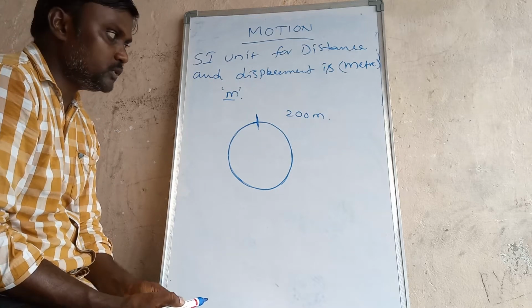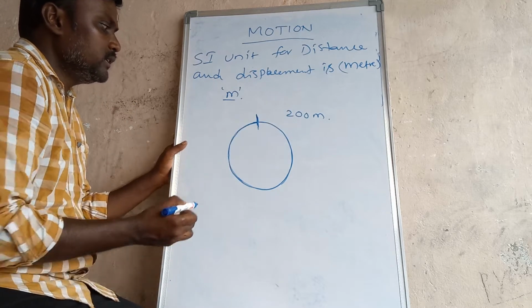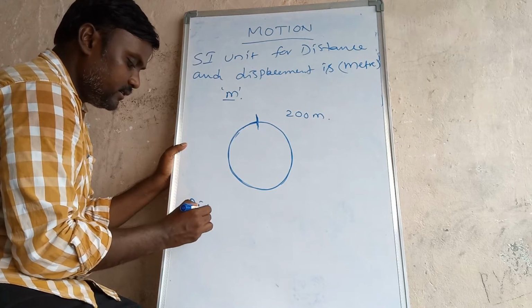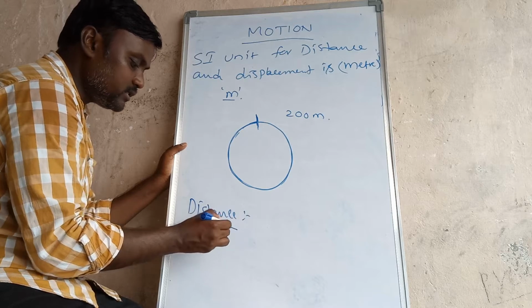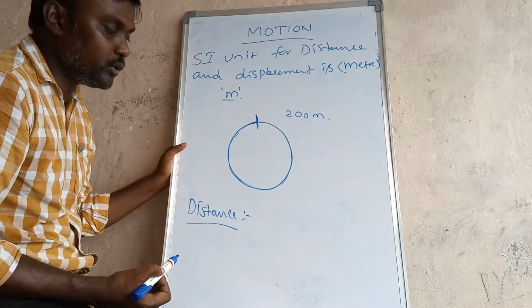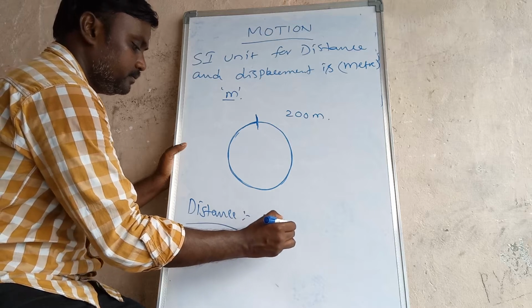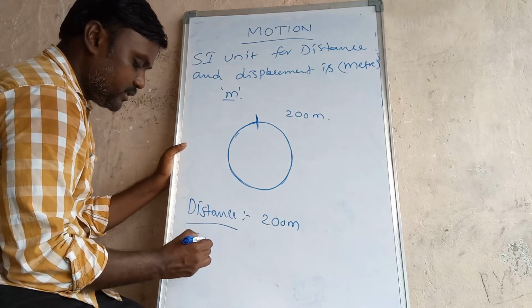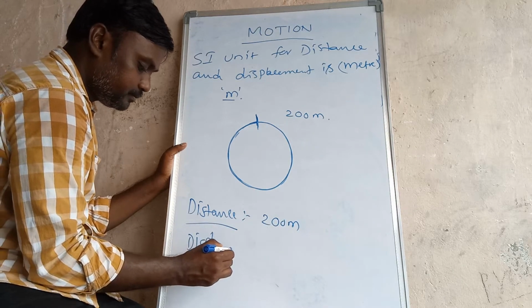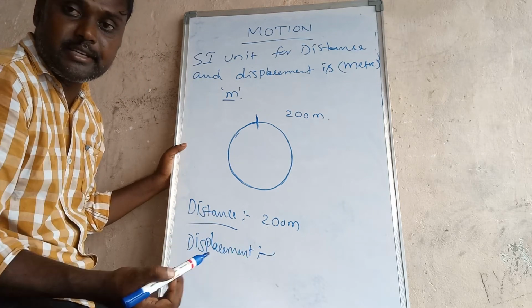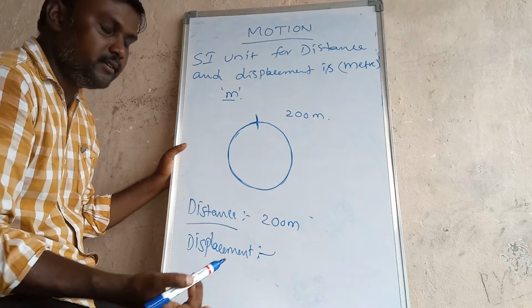So here, 200 meters, from here to here. In this particular case, distance, by the definition, is the total path traveled by the body. This is the 200 meters. Displacement is the shortest distance between the initial point and the final point.